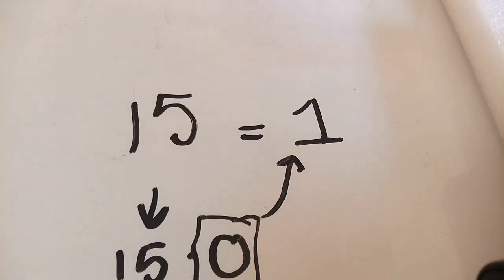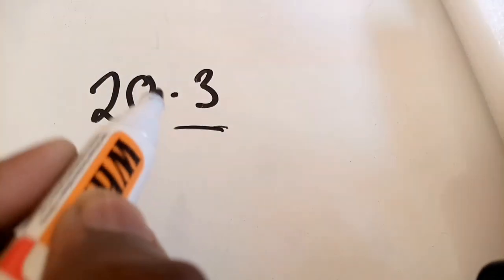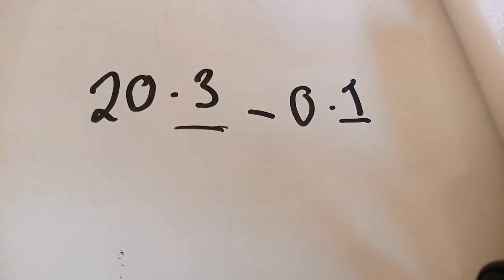For other numbers, such as 20.3, since this one has a 3 there, not 0 but 3, the least unit of measurement will be 0.1.